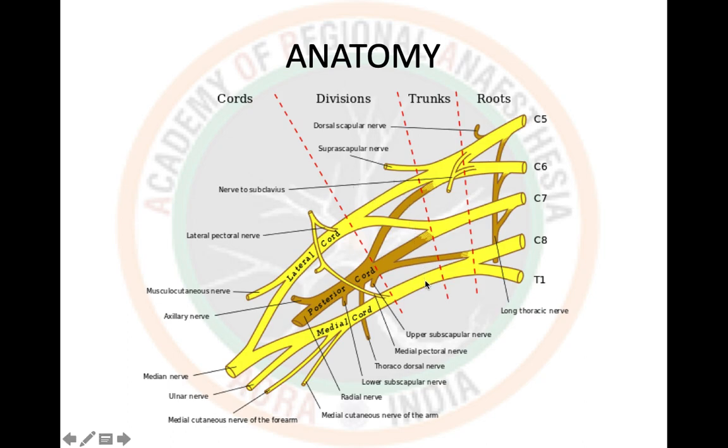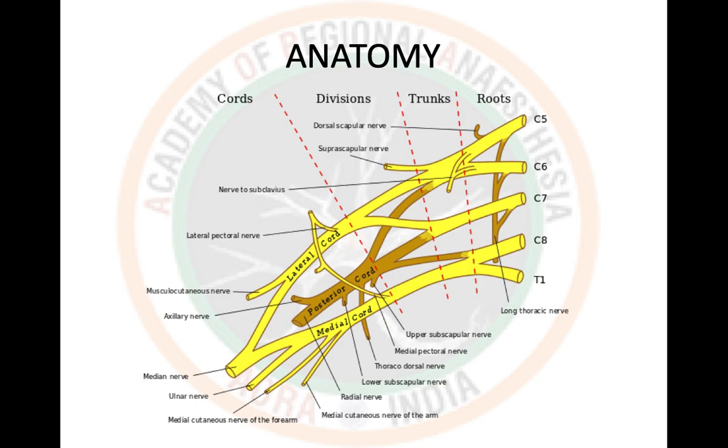If you go further down, just above the clavicle, lateral to the subclavian artery, you will find divisions of the brachial plexus, and if you block at this level, it becomes your supraclavicular block. This is important for surgeries of the whole upper limb, and it is like a spinal of the upper limb.